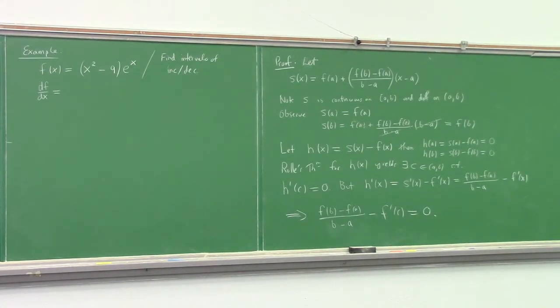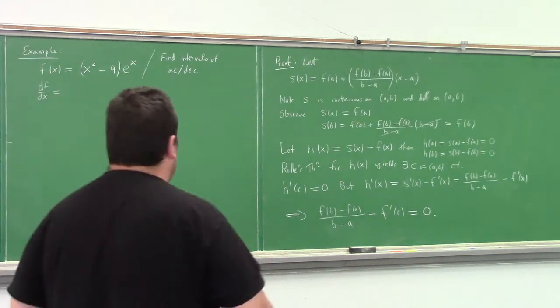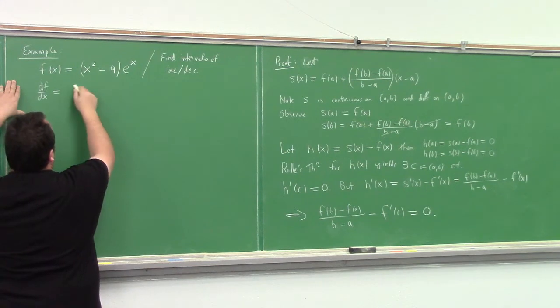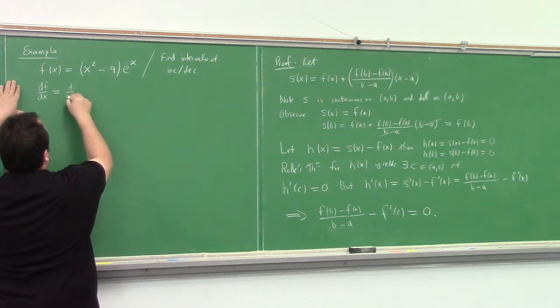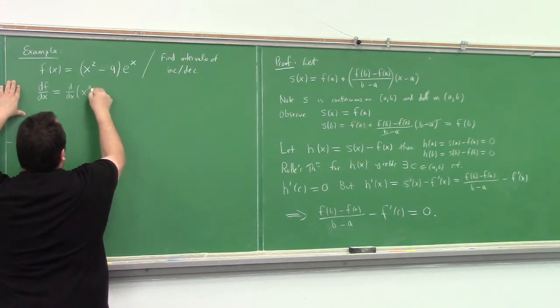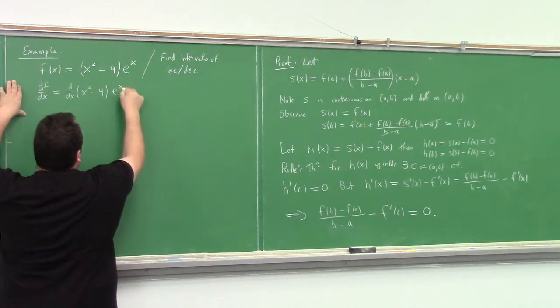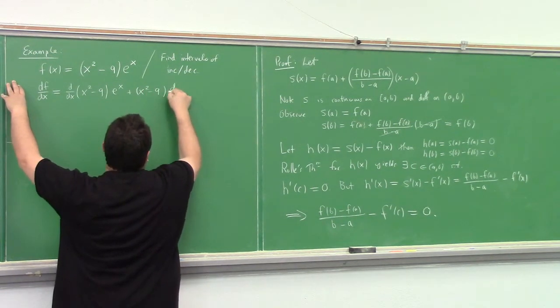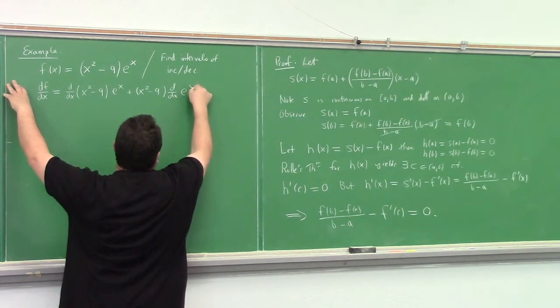All right, so what's df dx? We've got to do what? Product rule. So we've got d dx of x squared minus 9 times e to the x, plus x squared minus 9 times the derivative of e to the x, right?